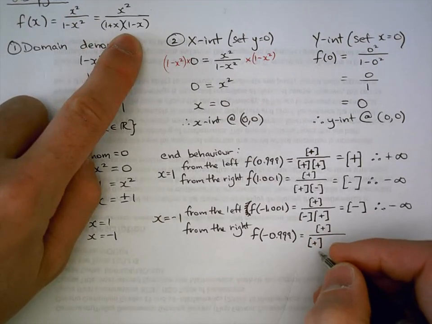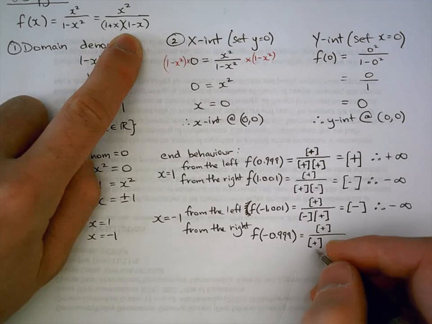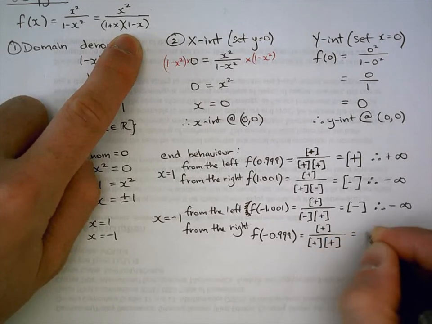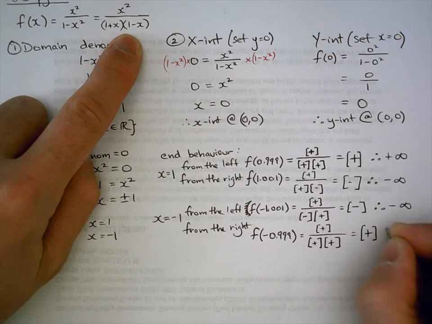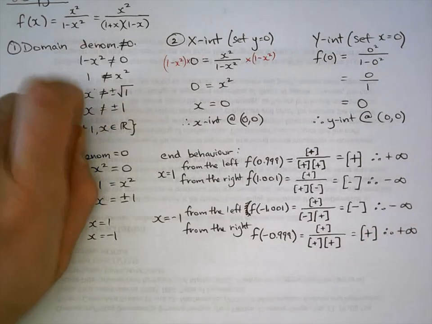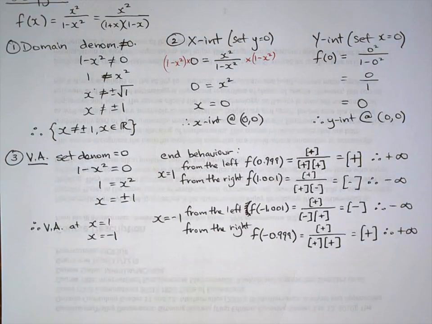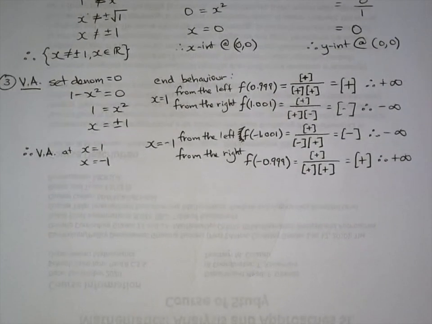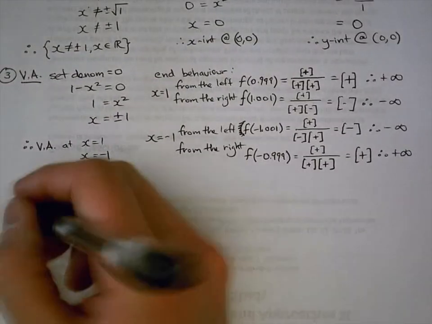And then 1 minus that number, I'm going to be adding it actually, so it becomes positive as well. So this is a positive sign, and this is heading toward positive infinity. Whew, end behavior. It's the worst, but at least now we know how the function behaves around these asymptotes. Sometimes for rational functions, you'll see that this is the hardest exercise of the question.